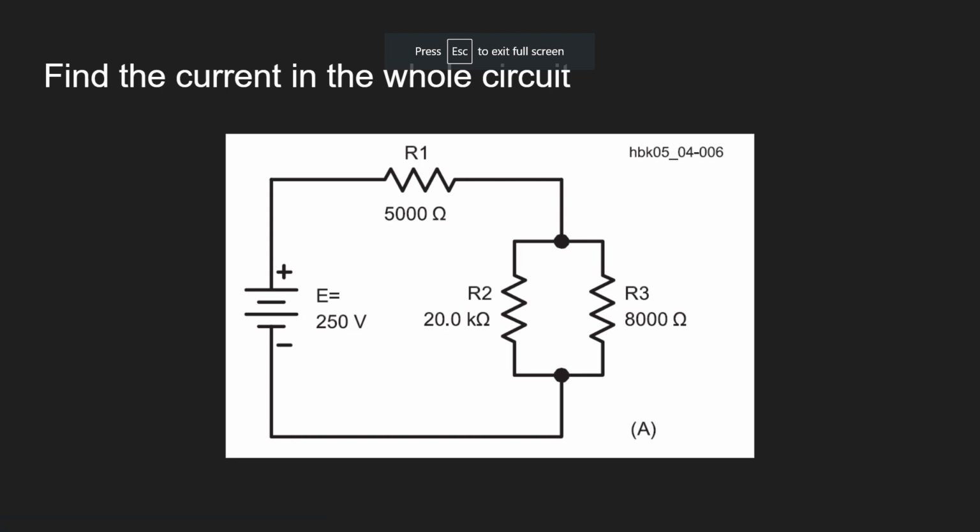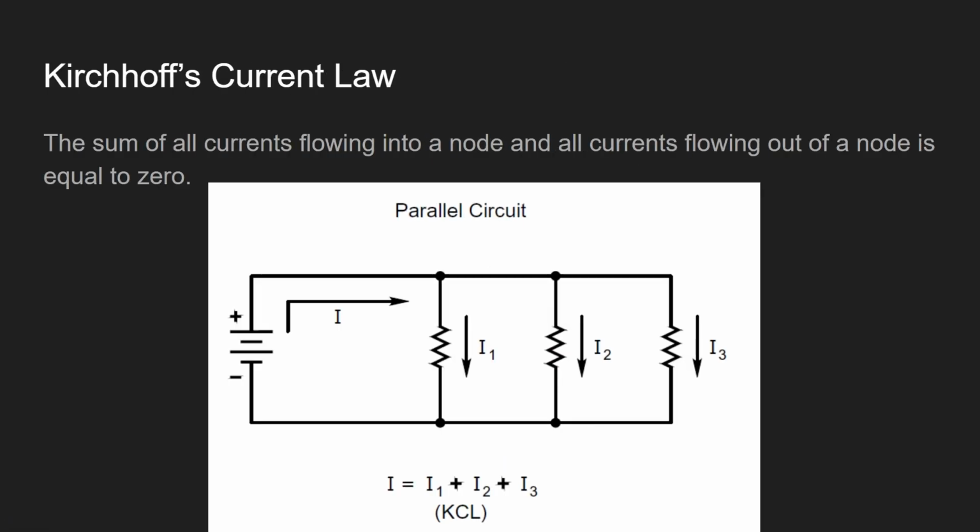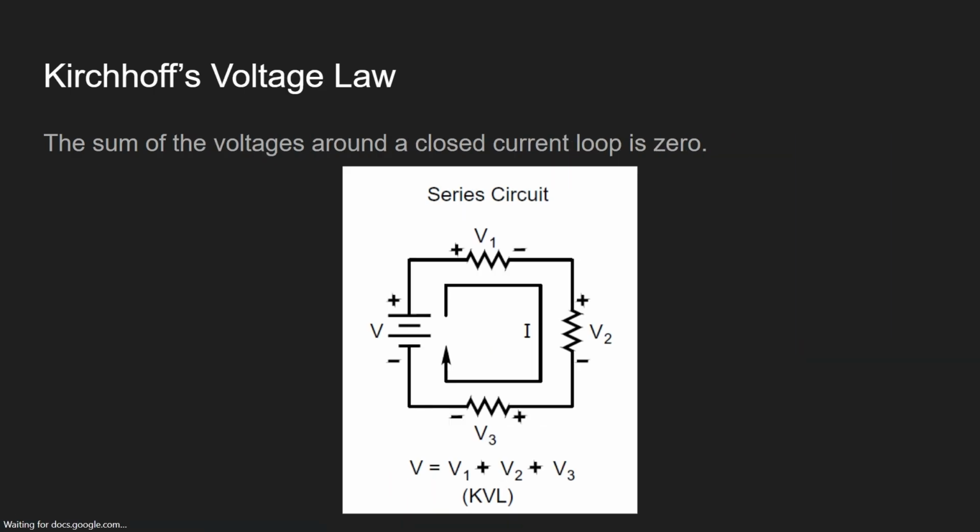on the whiteboard. Okay. If we have a circuit like this, we have to calculate R2 and R3 first. R2 and R3 is a parallel circuit. So you know that for a parallel circuit, only the I will vary.